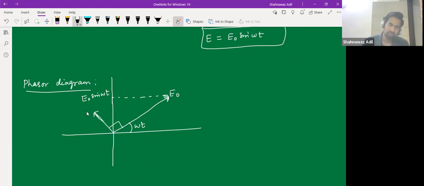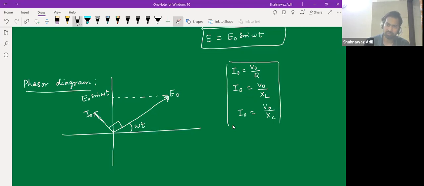So this is your I. And remember, this is very crucial: for the resistive circuit, I naught is V naught by R. For the inductive circuit, I naught is V naught by XL. And for the capacitive circuit, I naught is V naught by XC.